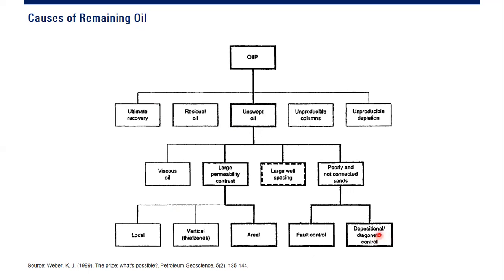Something that occurred diagenetically, chemically long ago, so it somehow creates a permeability barrier that makes the continuity poor, or if not at all connected sands. Okay, so all these problems will lead to remaining oil, which is not very good.